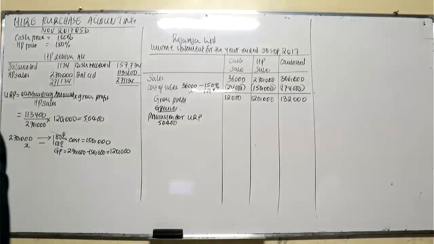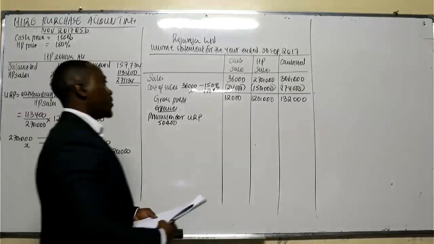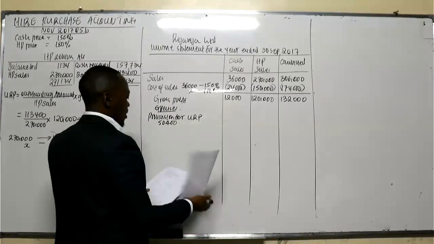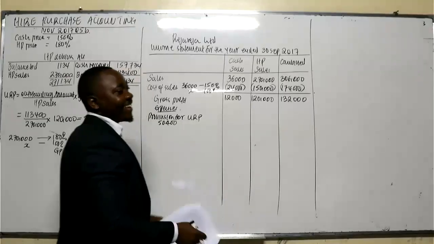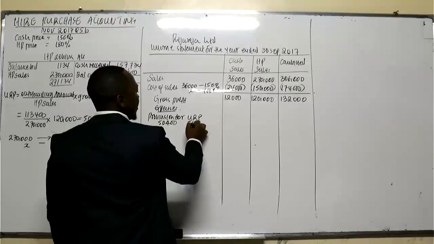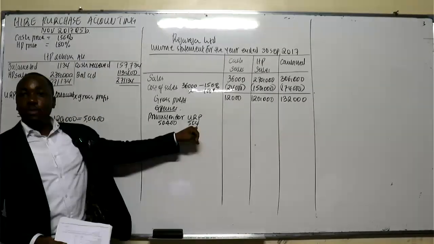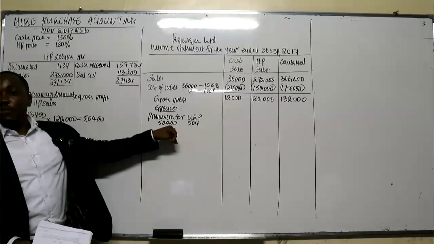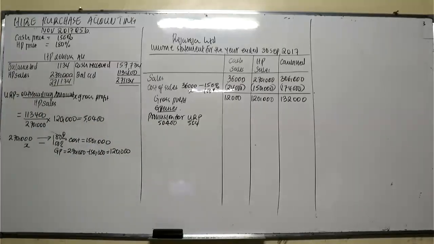Can you see the provision for unrealized profit at the beginning of the year? It was an amount of 504. So the provision for unrealized profit at the beginning of the year is 504. At the end is 50,400. The increase in provision is what we call an expense.